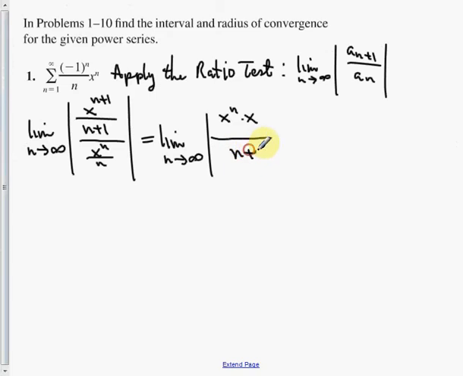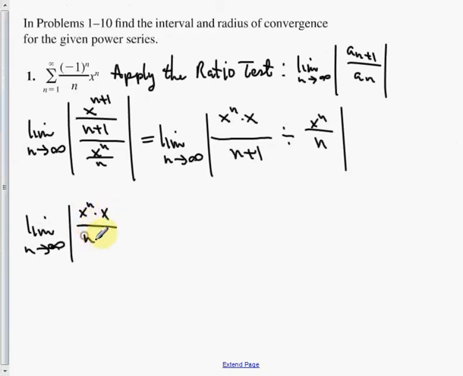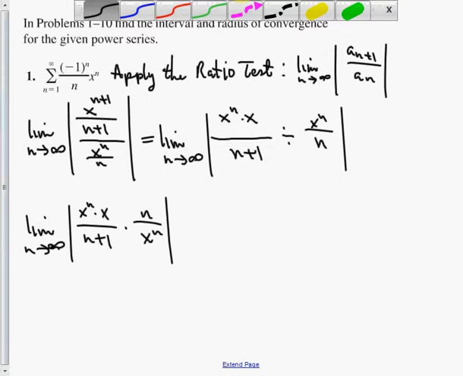This is over n plus 1, and this is divided by x to the n all over n. So this is the limit as n goes to infinity of the absolute value of x to the n times x all over n plus 1 times n all over x to the n. Hopefully when you apply the ratio test, something cancels out.